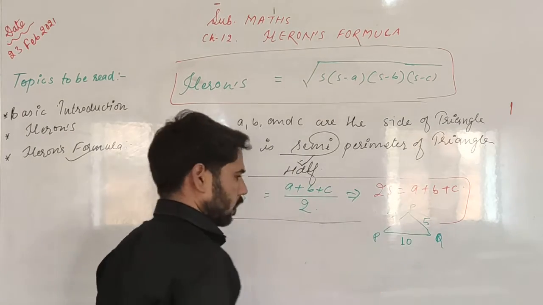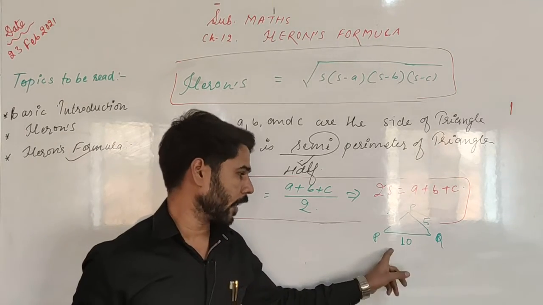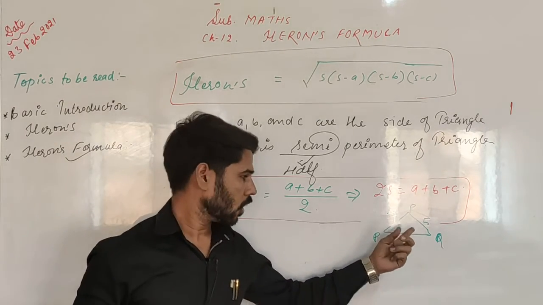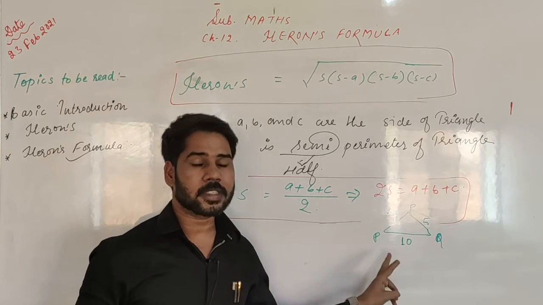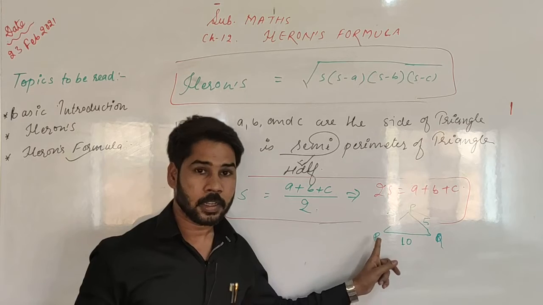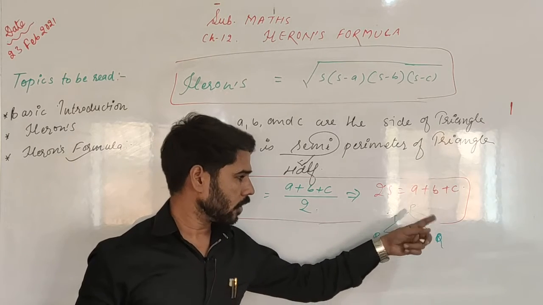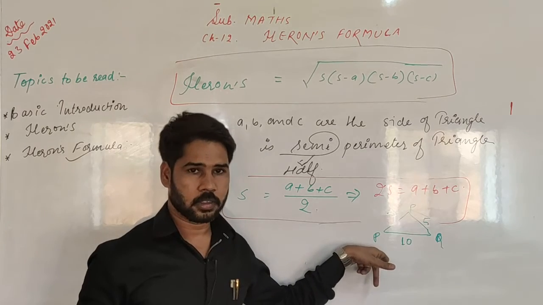Here, one condition you have to remember for the formation of a triangle: the sum of two sides is always greater than the third side, for all the sides.